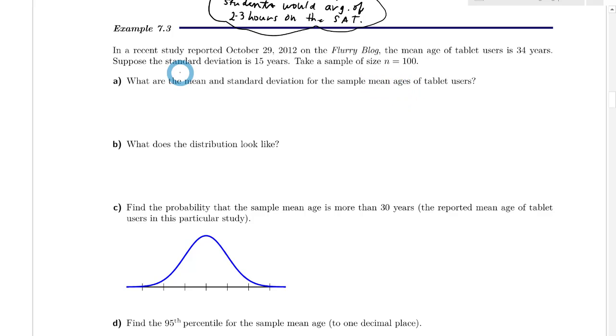So again, they're asking for the distribution. When we discuss the distribution, we always discuss the average with respect to the random variable, in this case 34, and the standard deviation, which is going to be 15 divided by the square root of the sample size 100.